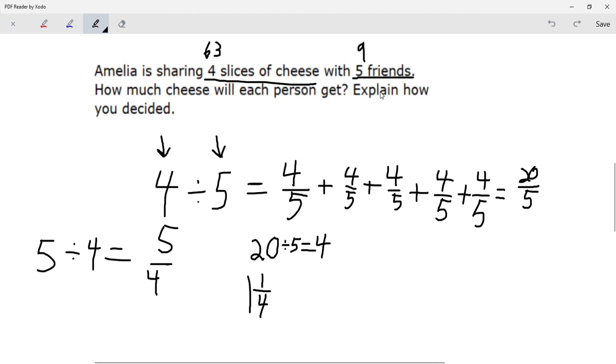Now, technically, I should be able to multiply this by 5 and then get 4 slices of cheese. But if I multiply this by 5, it's going to give me 6 1/4, right? It's going to give me more than 5. So it's going to give me more than 4 slices of cheese. So at that point, I'm going to be like, oh, well, obviously this is wrong. So you have to think about your answer too. And that's kind of a good way of double checking.